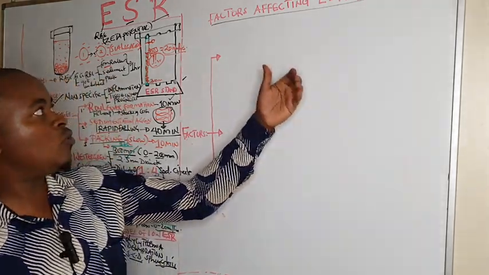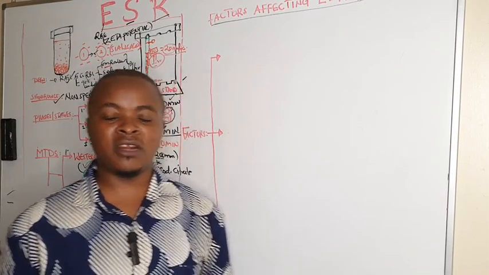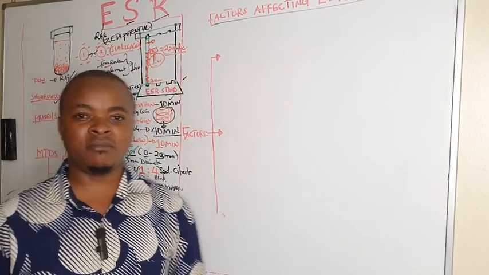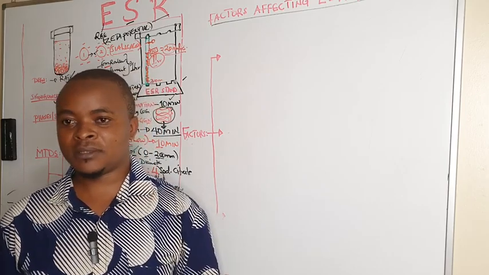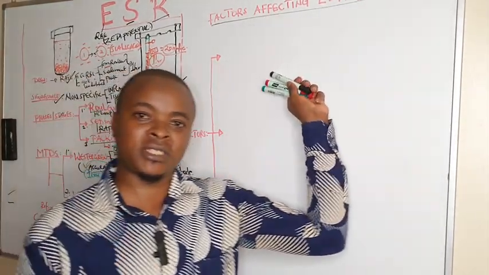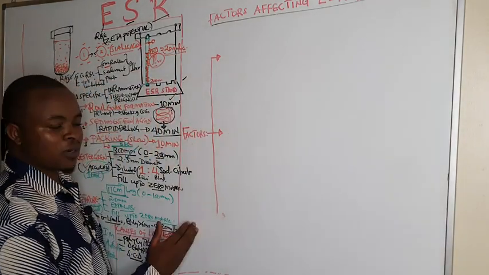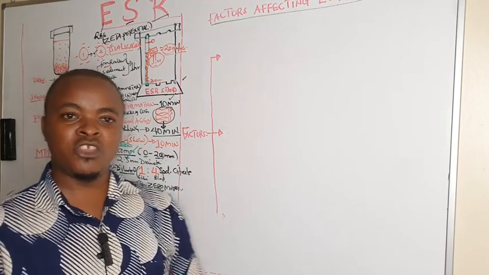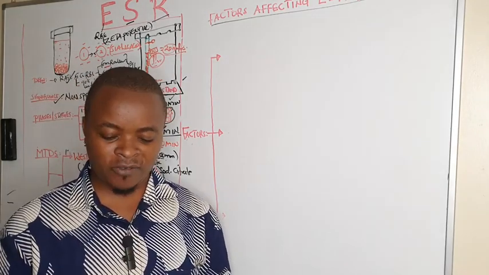We can easily ask you, explain 10 factors that affect ESR results, and we give it 20 marks. So how do you approach such a question once it is brought? These factors that affect ESR results are categorized into 3. Here I'm categorizing them, but in an exam, you leave it open. The categorization helps you to remember all the factors.